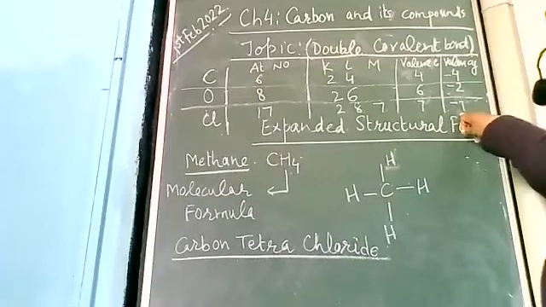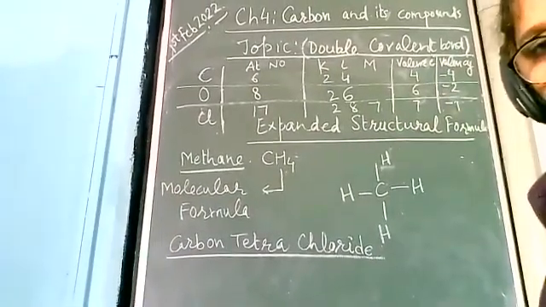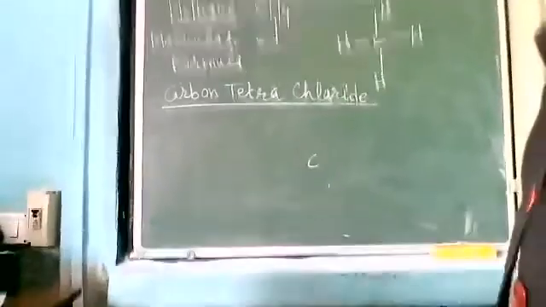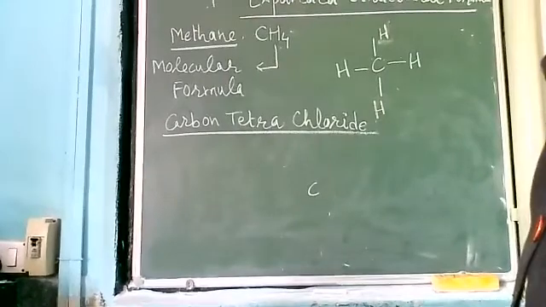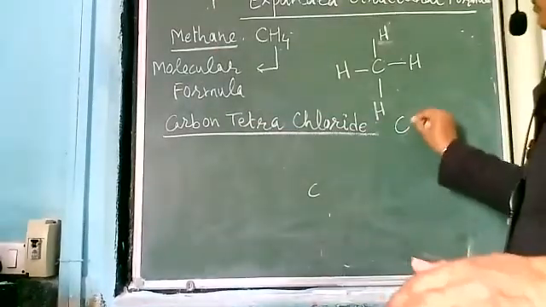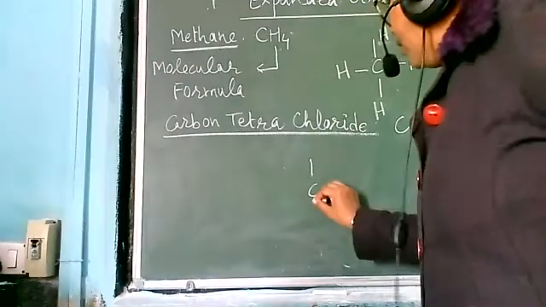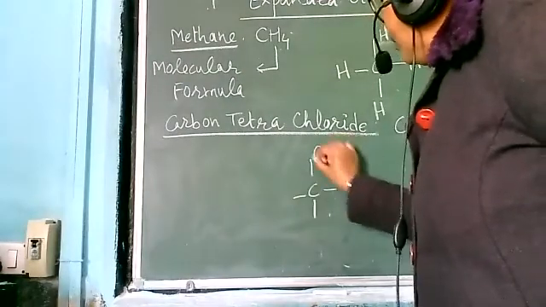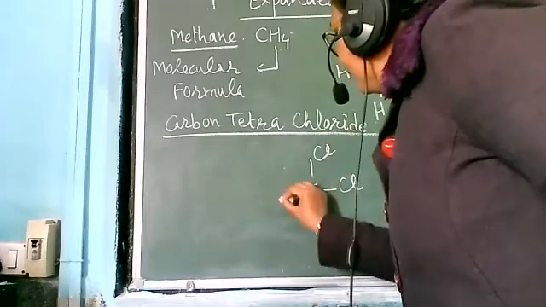So how many atoms of chlorine will join with it to complete it? 4 will join, thus carbon tetrachloride is stable. So CCl4, so I will put the same way 4 chlorine atoms on all the 4 sides.